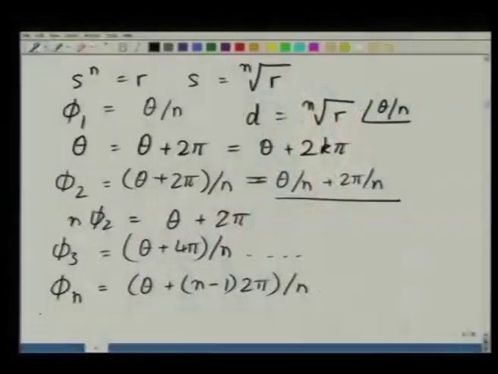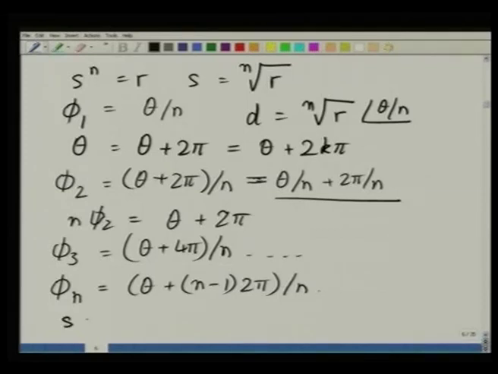Each of these gives us different values for phi, and we would say that the nth roots of C may be enumerated as S phi 1, S phi 2, and so on until S phi n.